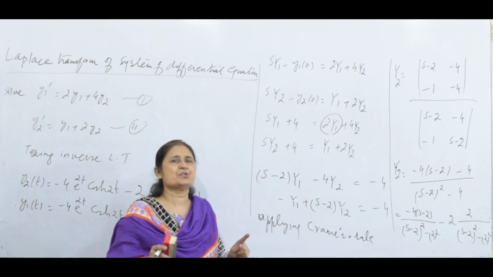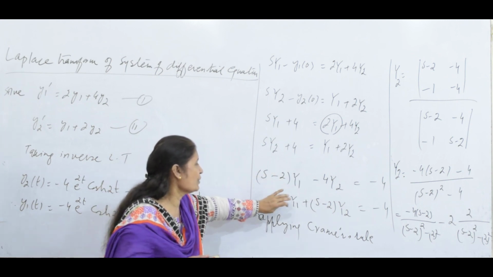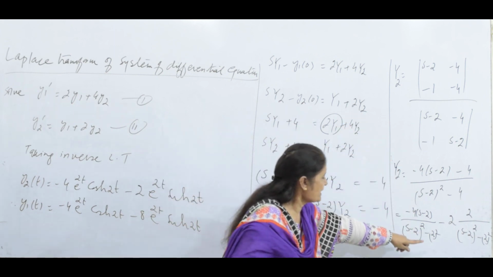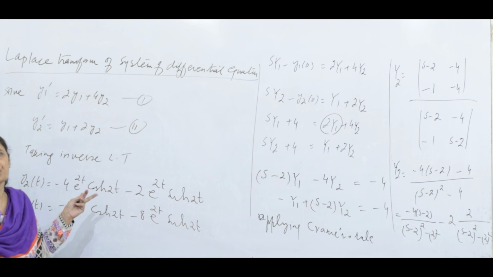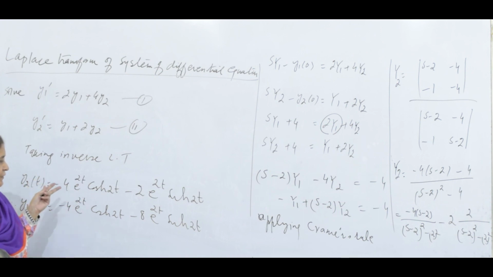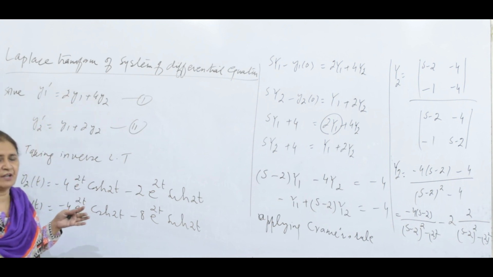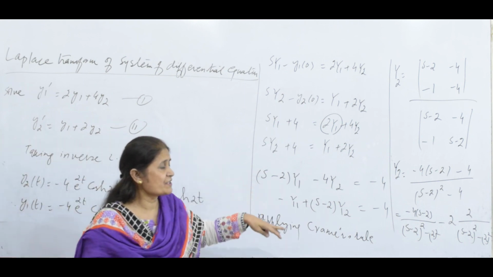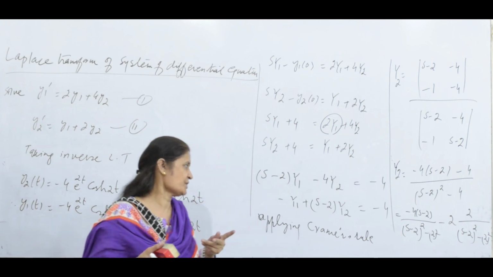So you can find either Y1 or Y2 or Y3 using Cramer's rule, then take the inverse Laplace to get the value of one of the variables. Then you take the derivative, put it back, and get the remaining y2 and y3. But in a 3 by 3 matrix, if each time you use Cramer's rule, it's really cumbersome.